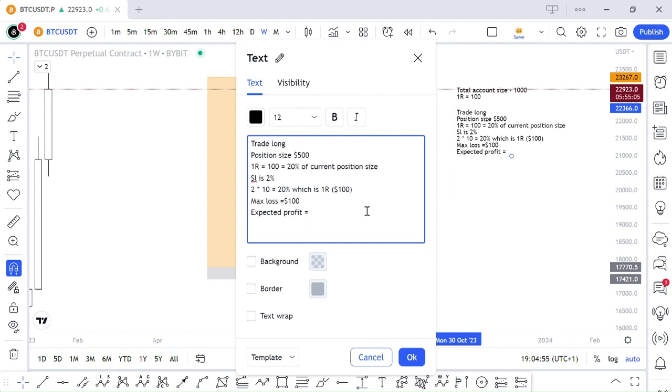So we can make an expected profit of $1,500 basically. So this is a 15 hour trade. Why?